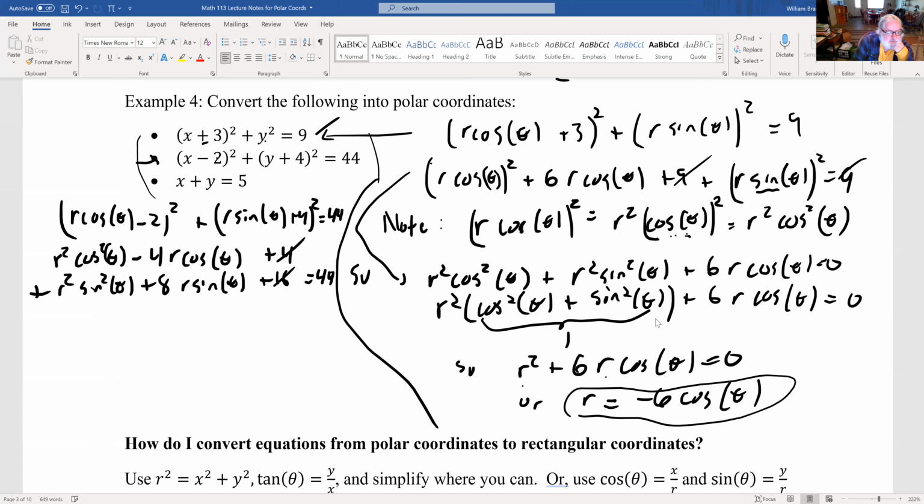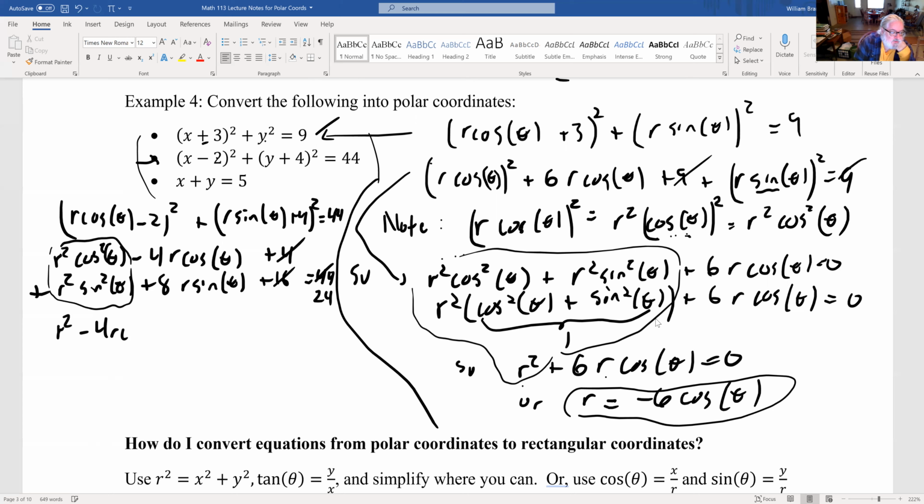So I can subtract off a 20 from both sides, which helps a little bit. Like in the previous example, the r squared cosine squared plus r squared sine squared is going to condense to just being equal to r squared. So we end up with r squared minus 4r cosine theta plus 8r sine theta equals 24. And at this point, there's really not much you can do, right? You can't condense that any further. So it's complicated, but you can do it.